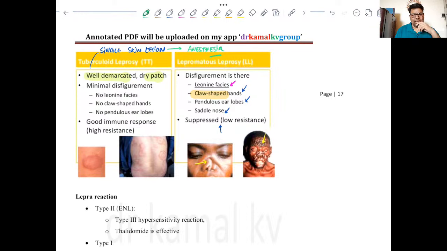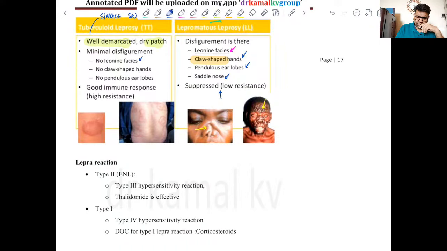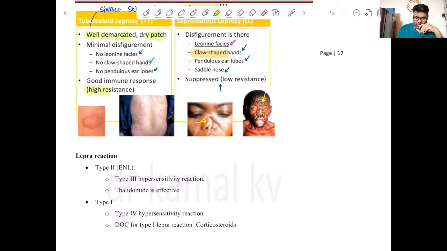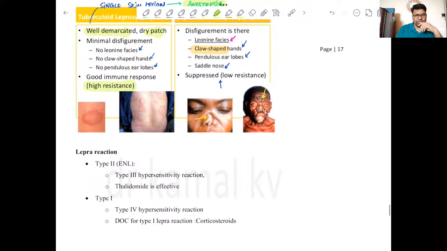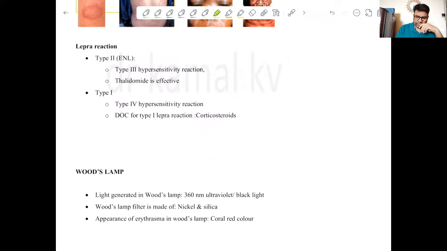So if you see a single skin lesion which has well defined margins, and more importantly, if there is no skin sensation, you should suspect tuberculoid leprosy, right? And there is no disfigurement of face, no claw hands, no problem with the earlobes, and good CMI, so positive lepromin test.